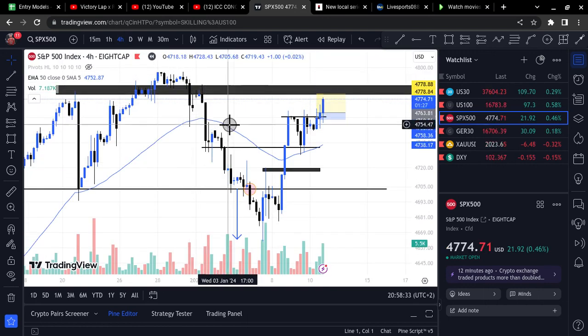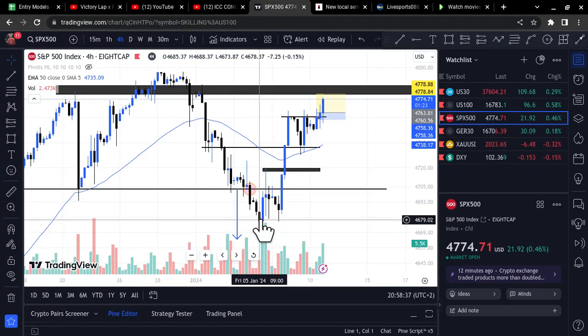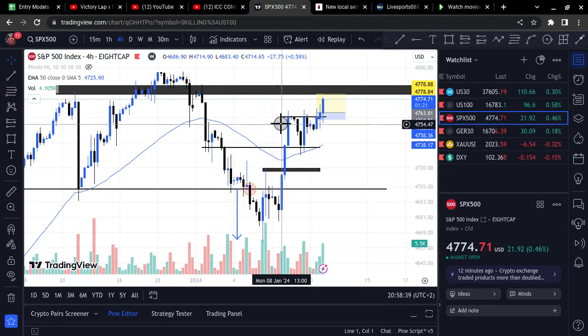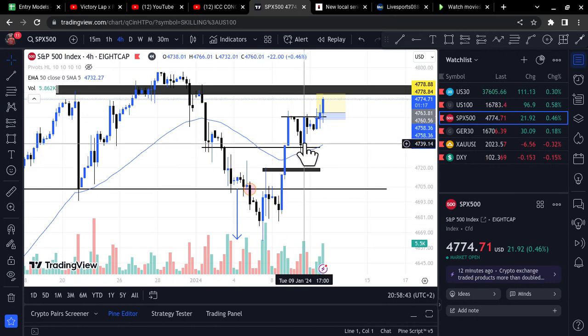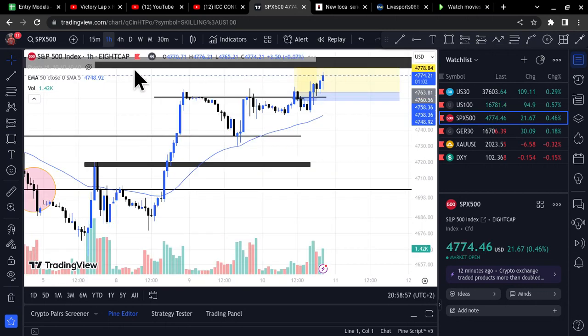We had a nice reversal here as price wasn't able to make a new low, and we've just been waiting for a setup. We had a nice indication here, and we're at the correction, but obviously we couldn't have predicted that low. But I just knew that when price came above here, we're going to aim for this high right here, and I was completely right. So let me hop down and show you guys what I was looking at.